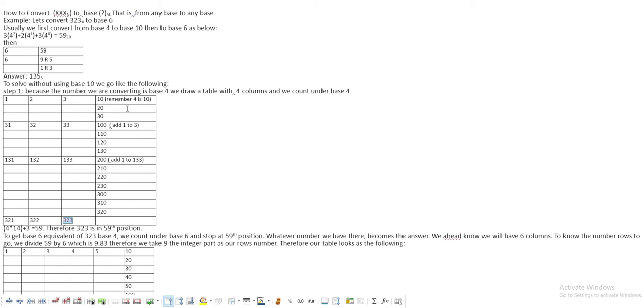Alright, so here we remember we're counting under base 4, so whenever we get to 4 we switch to 10, because 4 in base 4 is 1 remainder 0, so that gives us the 10.